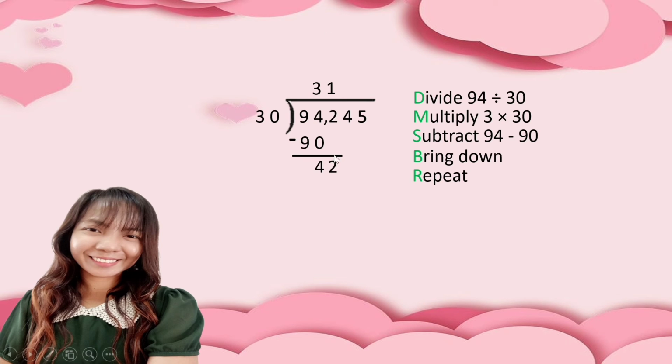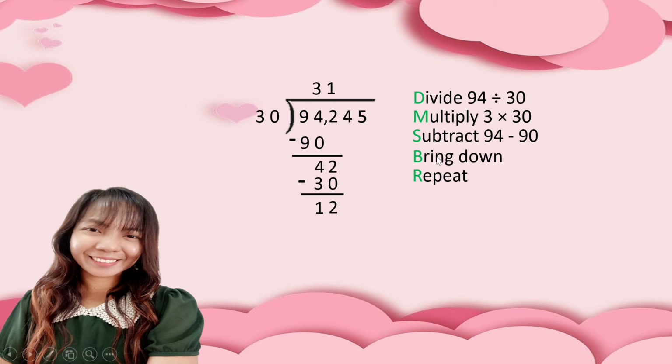So again, don't forget to line up your answer to the last number. Okay, next, after you divide, multiply. So 1 times 30 is 30. And then subtract. So 42 minus 30. 2 minus 0, 2. 4 minus 3, 1. So now we have 12.